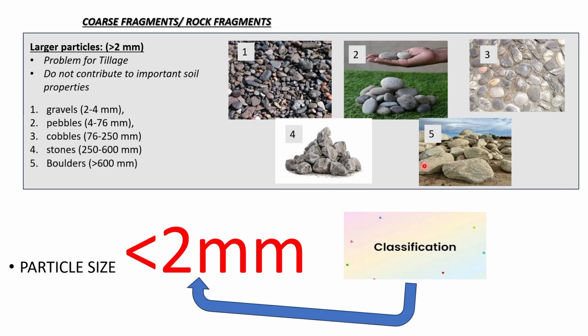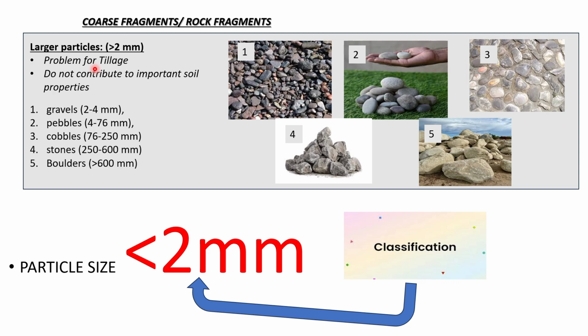You can see this picture. You don't need to study these relative sizes, just understand that gravels, pebbles, cobbles, stones, boulders are large particles. They will not contribute to the important soil properties, and they make tillage very problematic.